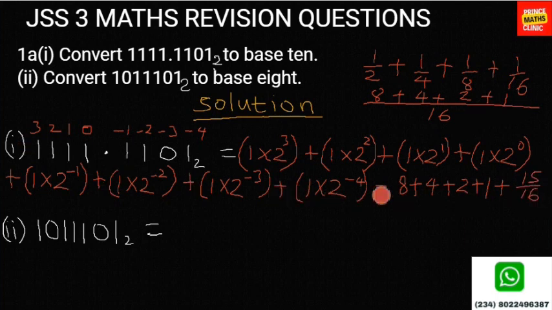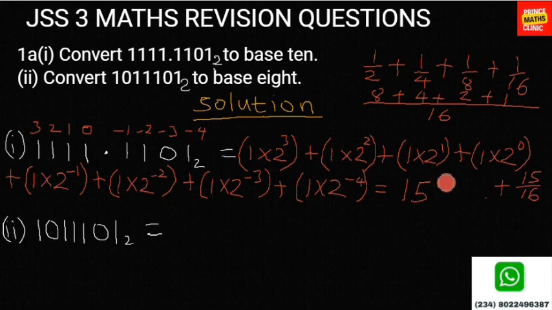So if you add up all these numbers, 8 plus 4 is 12. 12 plus 2 is 14. 14 plus 1 is 15. Good. So you find out that you have 15 whole number, 15 over 16. So permit me to rub this off and replace it with 15. So all this number here means 15.